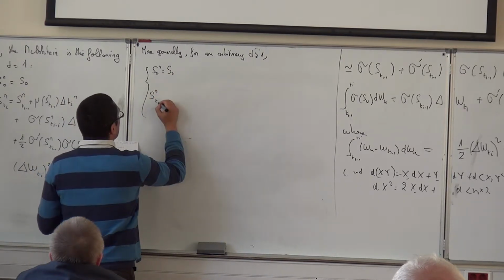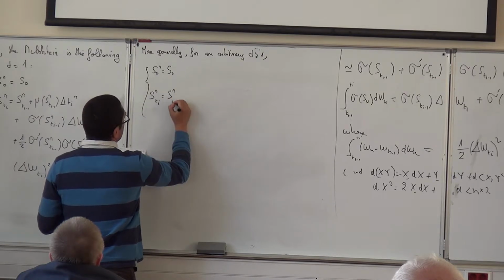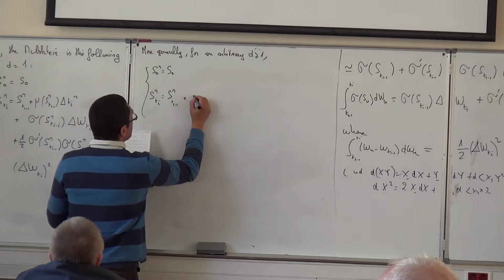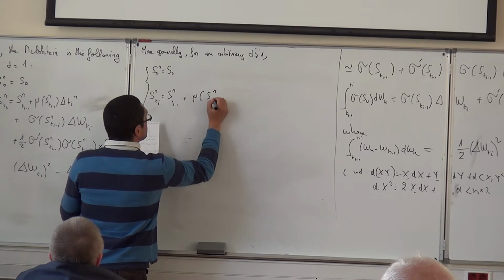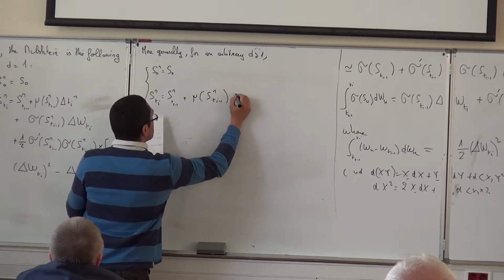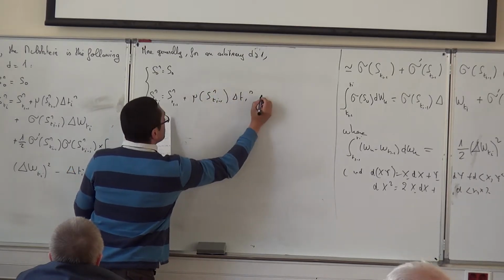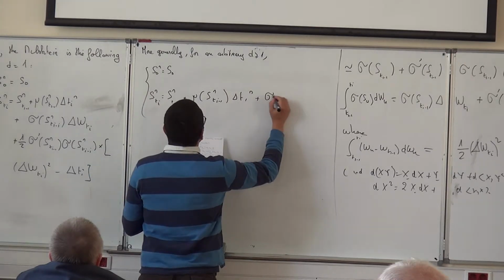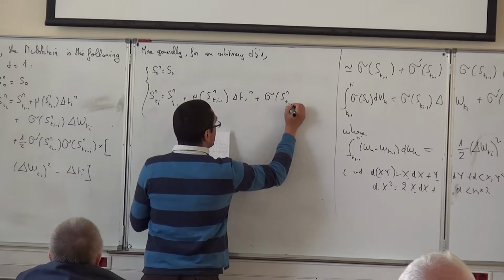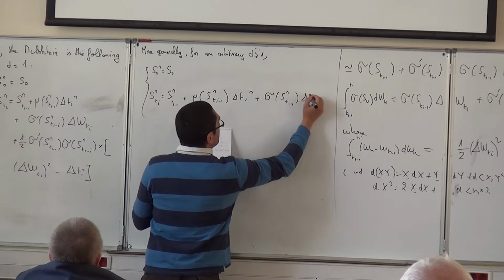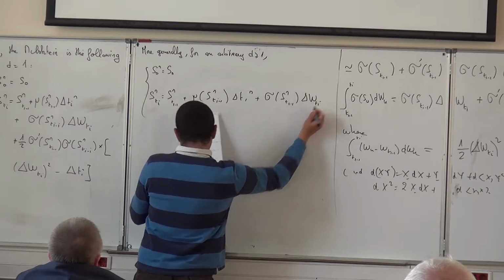Sn Ti equals Sn Ti minus 1 plus the drift times delta Ti plus sigma Sn Ti minus 1, the same as in the beginning.